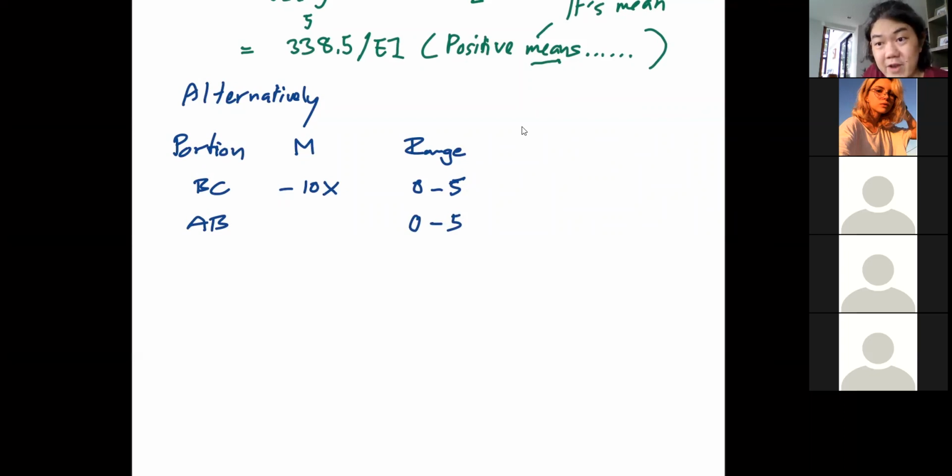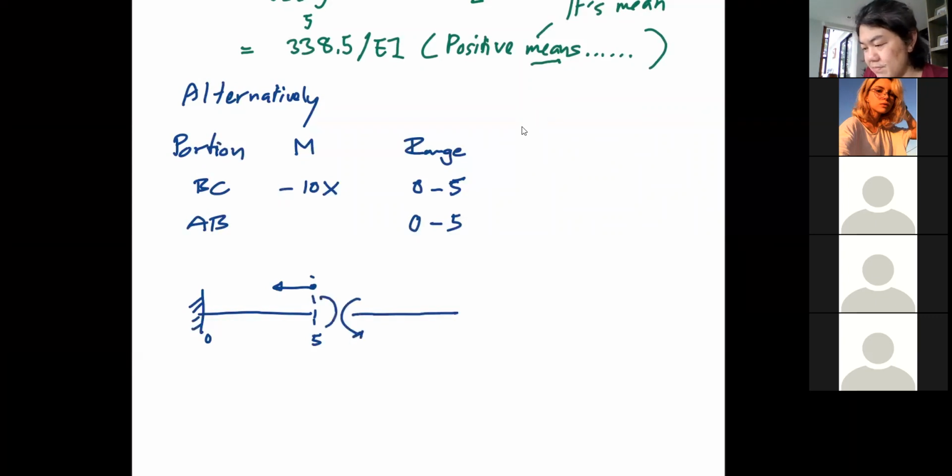But if you are going to begin your x from 0 to 5, you have to be very, very mindful of what's going to happen, because your free body diagram starts from here. If you want to start your x from this 5 location, you must be aware that at this location there is moment from the effect of this 10 tons load, right?